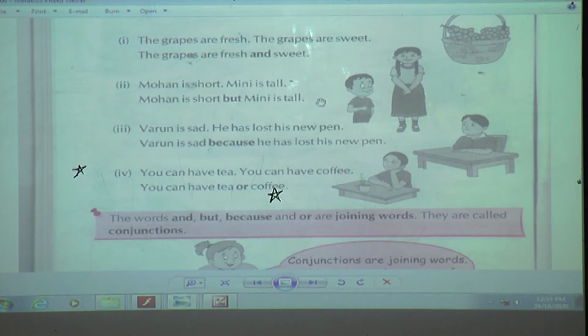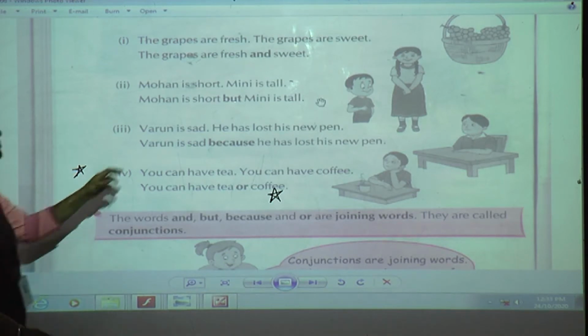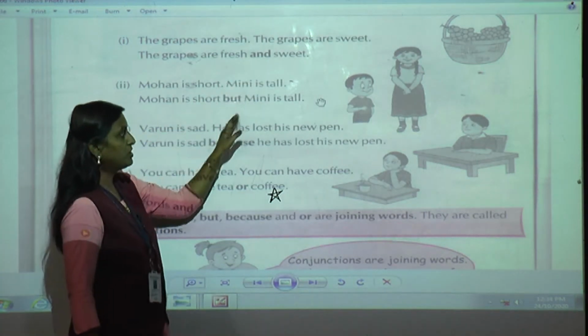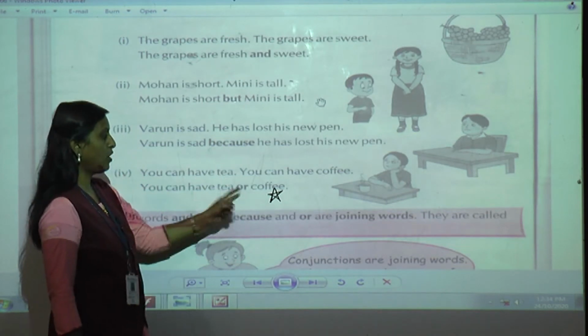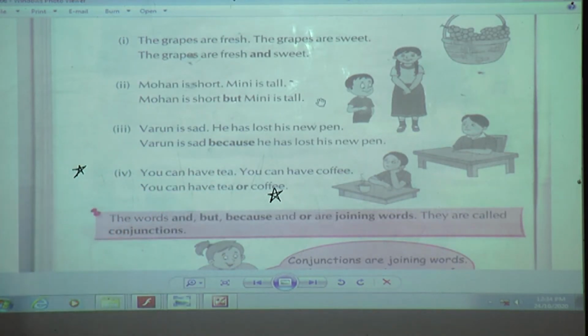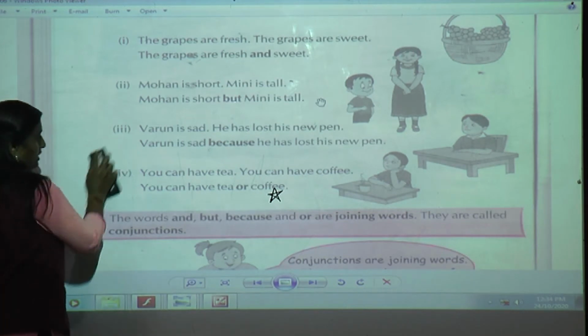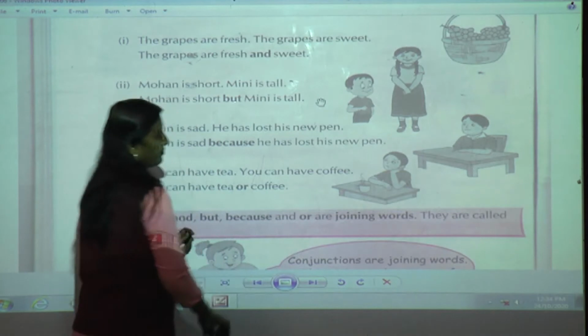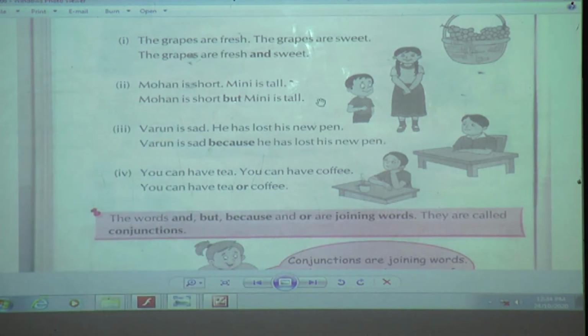Again, I'll say you A-N-D, and, B-U-T, but, because, and or. What are they, students? Yes, they are conjunctions. What they do, students? Yes, they join words or group of words or sentences. Now I hope that you have understood what is joining words.